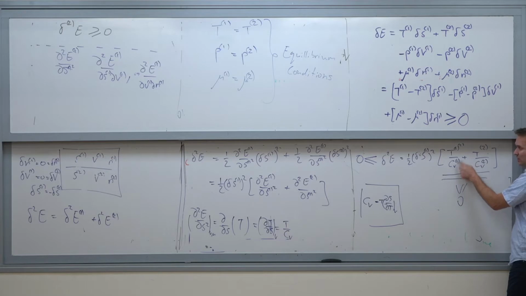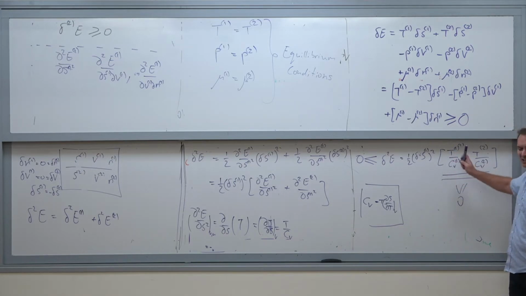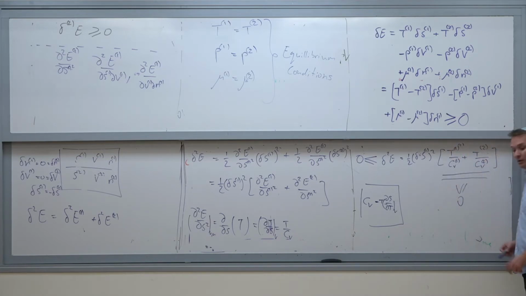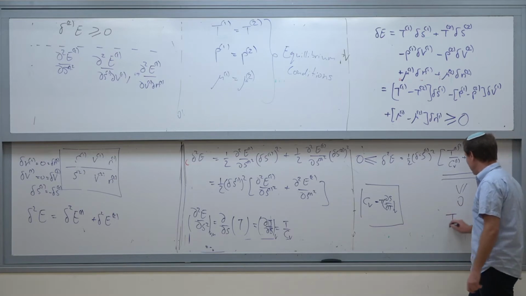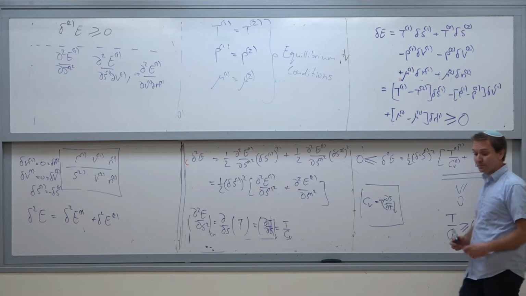Because CV, T is exactly the same, and CV is proportional only to the size of the system. There is a constant of proportionality, but we are talking about large systems. So I can choose it in such a form that there is always a dominant part to this sum, which means that this dominant part, T over CV, must be greater than 0.